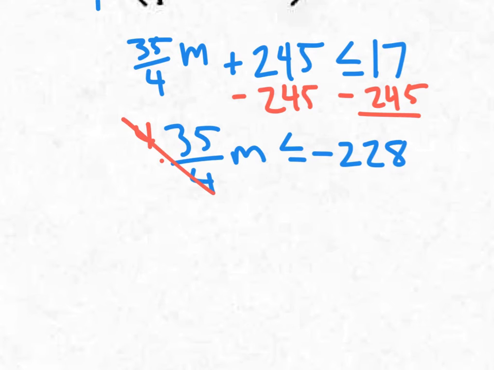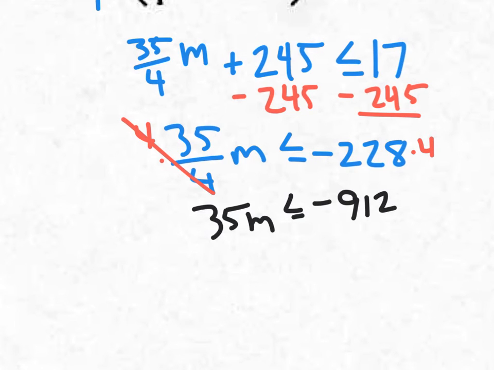Let's get rid of that fraction by multiplying by 4. So I really have 35m less than or equal to, what's negative 228 times 4? Negative 912. Negative 912? Yeah. Hopefully you guys are doing this on the calculator. And final step here would be to divide by 35. Divide by 35.